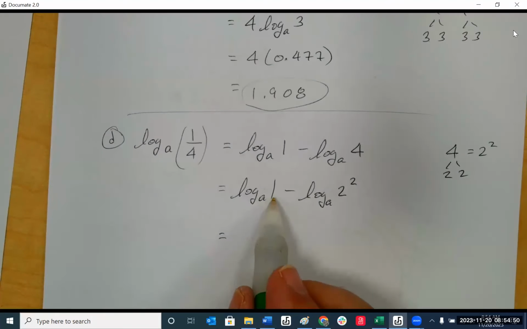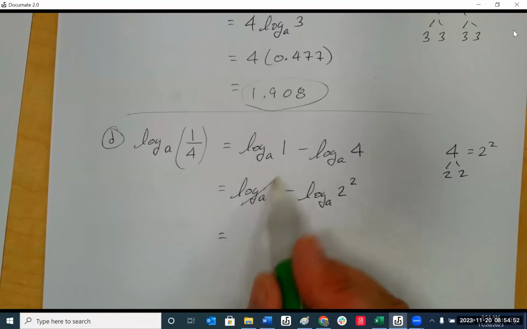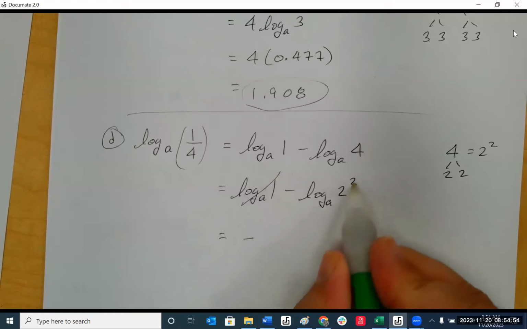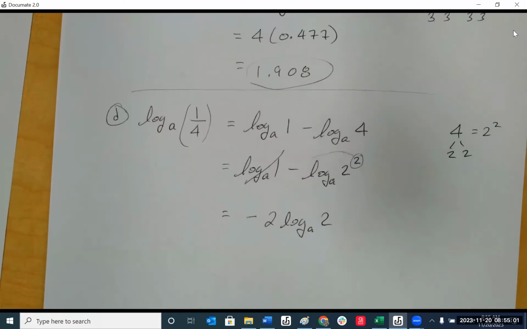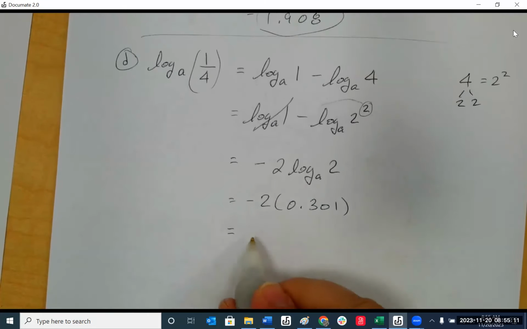Log base A of 1 is what? 0. So that's gone. So we have negative, bring the 2 out in front. So it's negative 2 times 0.301. The answer is going to be negative 0.602. And there's that answer.